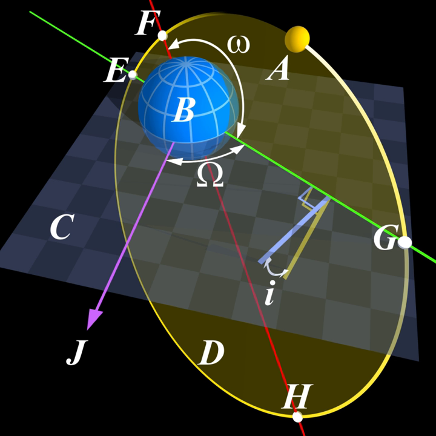The area enclosed by the elliptical orbit is πab.